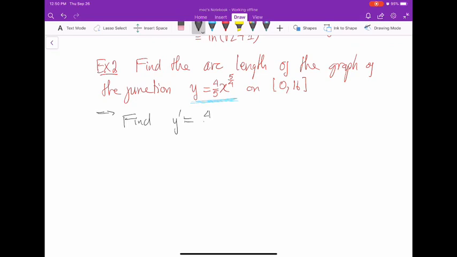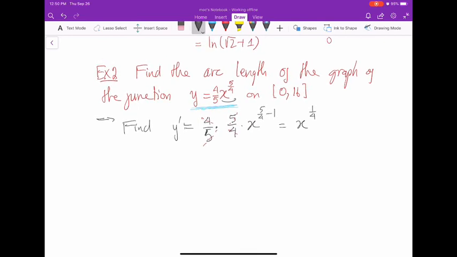That is equal to 4 over 5 as a coefficient, and then for this we use the power rule. We bring the power down, and then we reduce the power by 1. So, it's very good. 4 with 4, 5 with 5 will be cancelled out. So finally, we have x to the 1 over 4. All right, so now we can substitute everything into the formula.